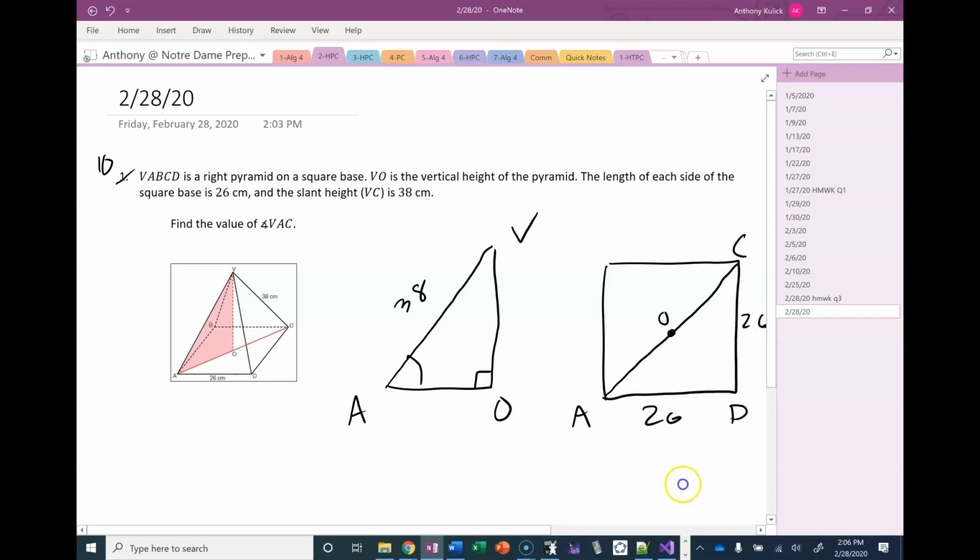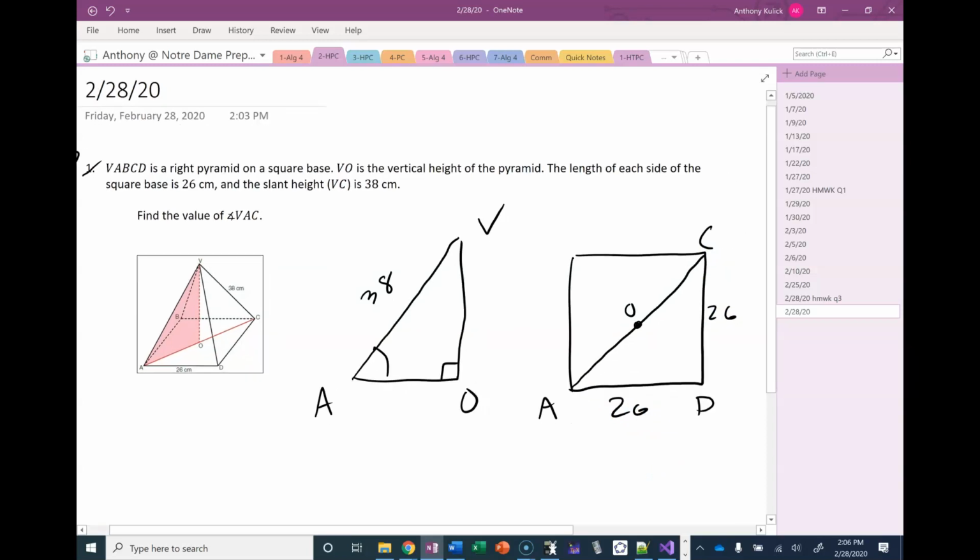So if I can find AC, which is easy enough, I know that AO is half of AC, right? So that turns out to be 13 square root 2, or you could have made that a decimal.